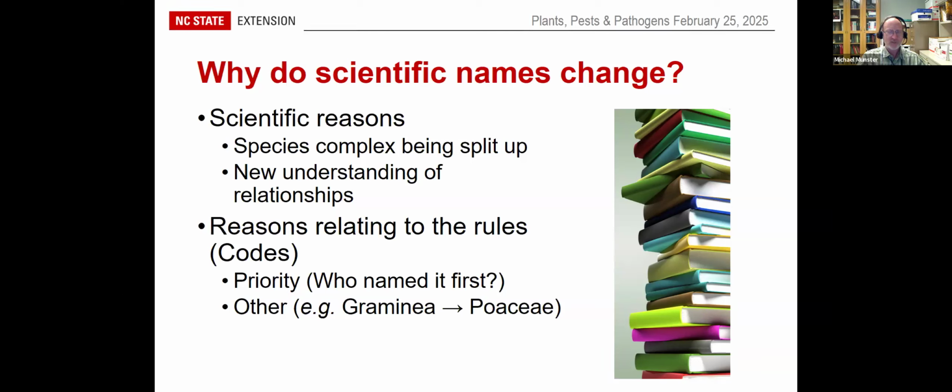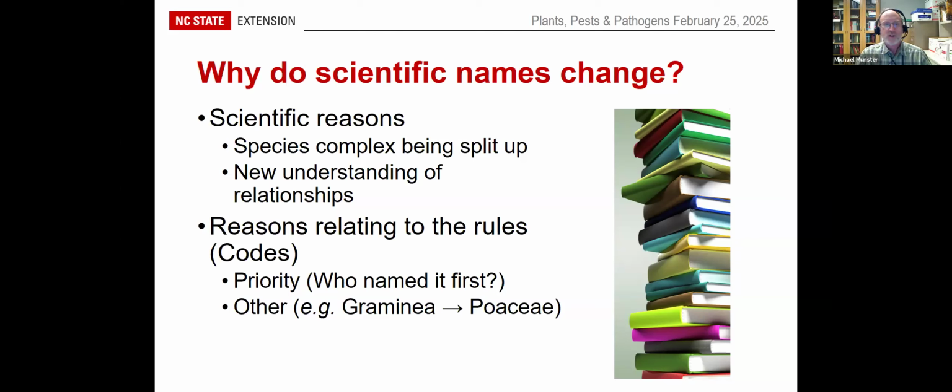But there are valid reasons for that. Sometimes it's because there is a species complex, or what I'll call in another slide, cryptic species, where folks realize that this is not just one thing, but there are actually two different species here we've been calling the same thing, and then we have to name one differently.